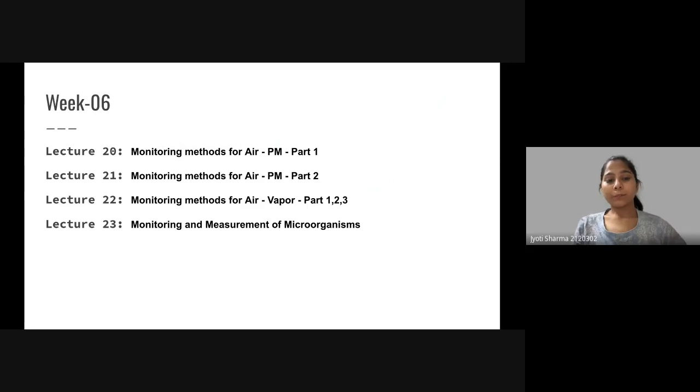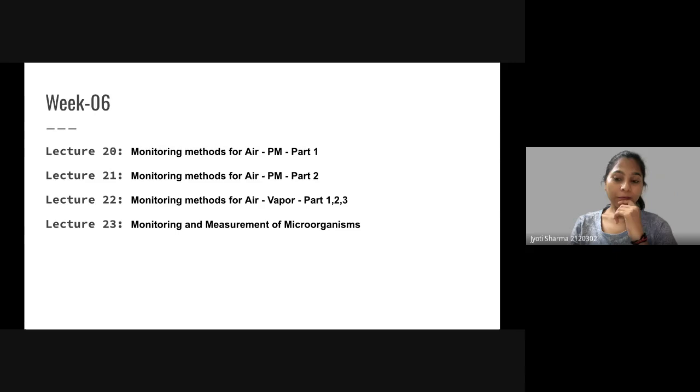Anyway, Preeti gave me one answer, that is impactor. But impactor is part of the high volume sampler only, because impactor will help us to segregate different sizes of particulate matter.